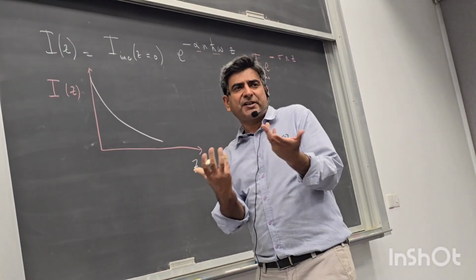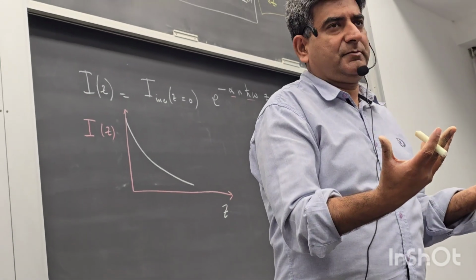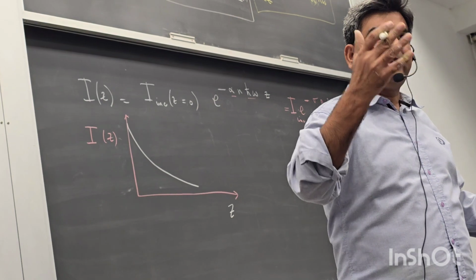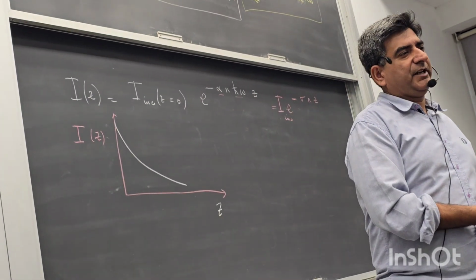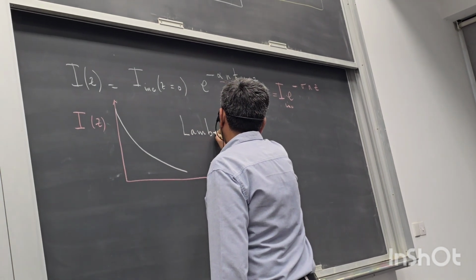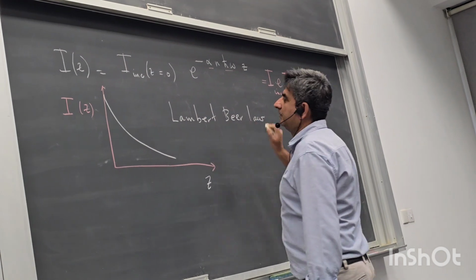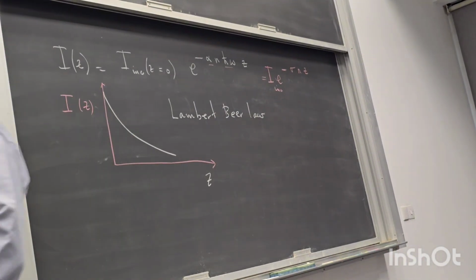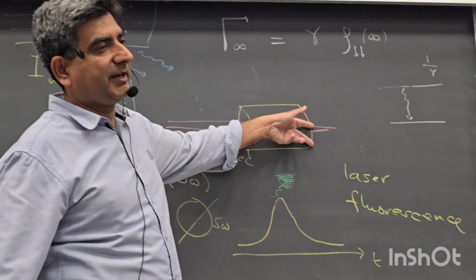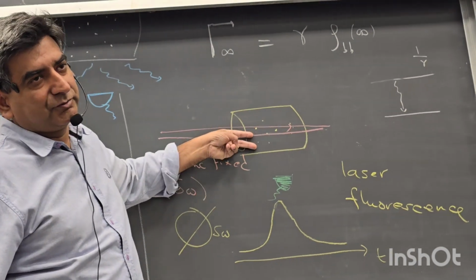So this has generally become a law. This has gained the status of a phenomenological rule of thumb. You pass light into a medium, and as you progress along the length, the intensity drops exponentially. This is also called the Lambert-Beer law. If you not only see photons from the side, but look at the entire beam of light going inside the medium, its intensity is exponentially dropping as you go through the system.